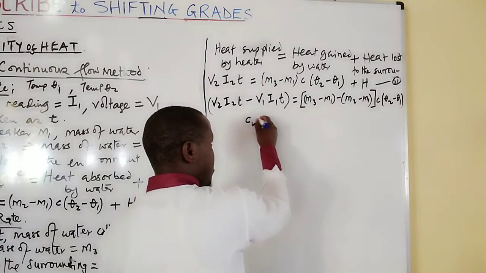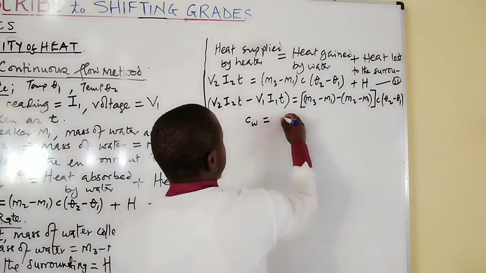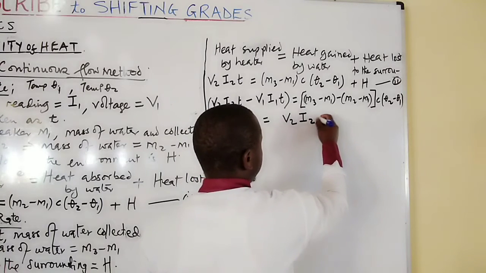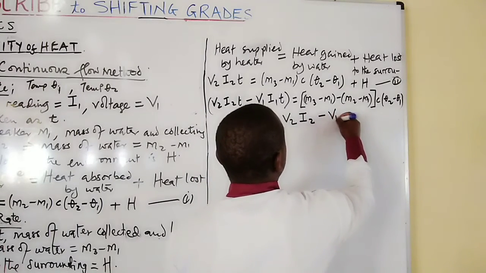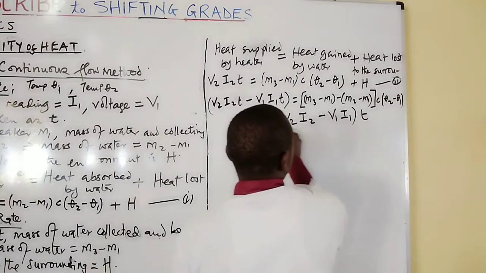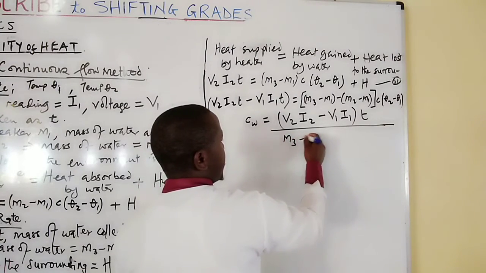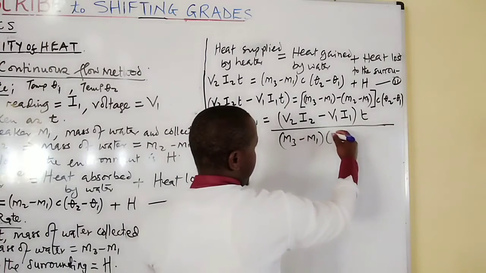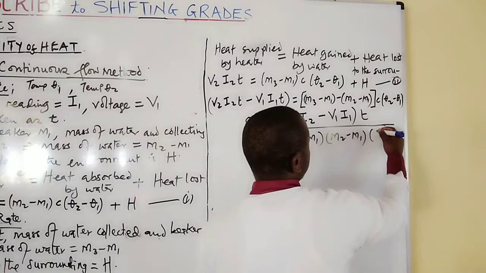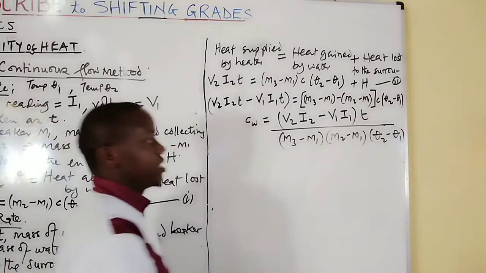of water, you can see t is common, therefore we can have V2 I2 minus V1 I1 into t, then all divided by mass 3 minus mass 1 minus mass 2 minus mass 1, then times change in temperature.